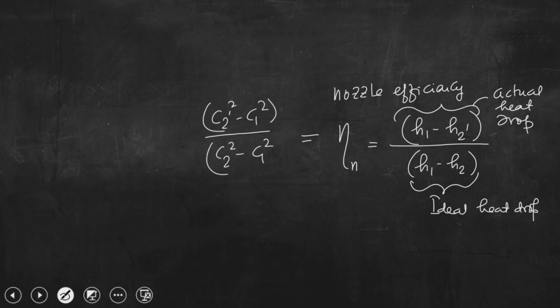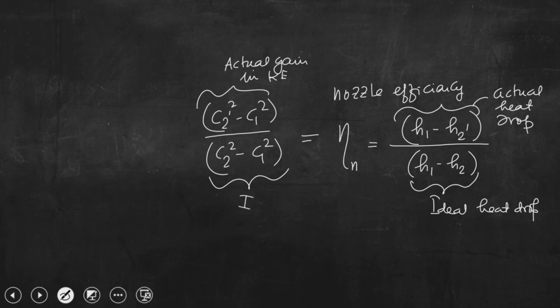So, basically this is the actual gain in kinetic energy of the steam as it is passing through the nozzle, and this is the ideal gain in kinetic energy, that due to isentropic process, of the steam as it passes through the flow nozzle.